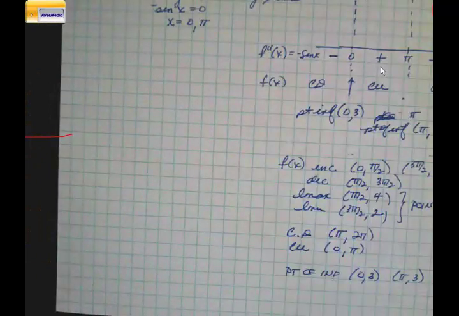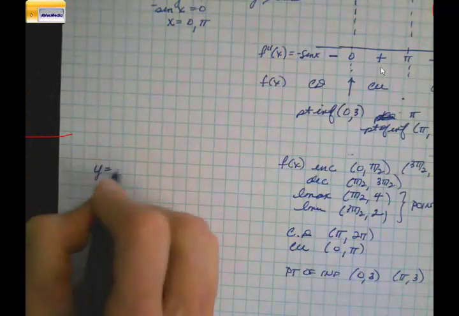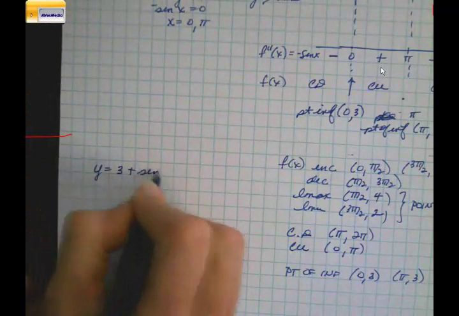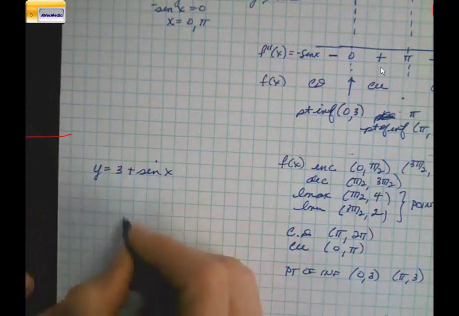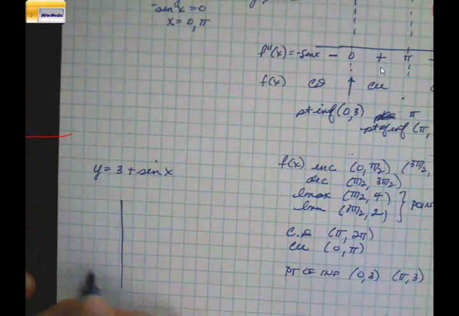So now let's take a look at the graph. Remember what you're graphing. This is your original function, and you're really only going between 0 and 2 pi.